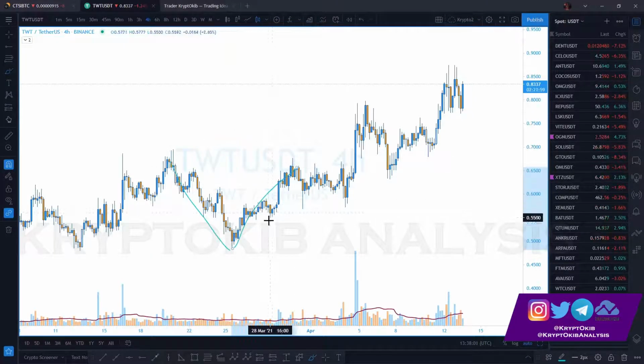Now you just have to identify the base, this drop, base, drop. Where would the base be? It is obvious that this is the base. So as it is obvious that this is the base, how do we then draw the zones around this base for the demand zone? This is what I'm going to show you.